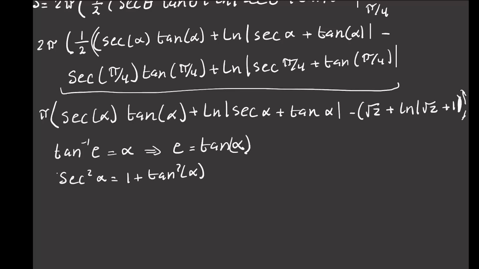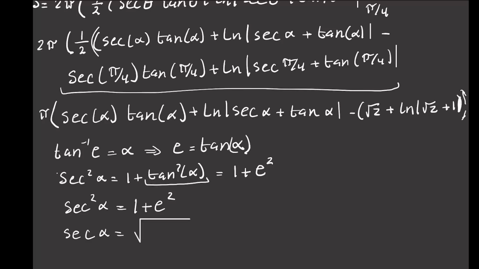Now inputting what I have, I know that tan of alpha is equal to e, so I can replace that to be 1 plus e squared. Now this one is easier to solve. So secant squared of alpha is equal to 1 plus e squared. Square rooting both sides gives you secant of alpha is equal to the square root of 1 plus e squared.